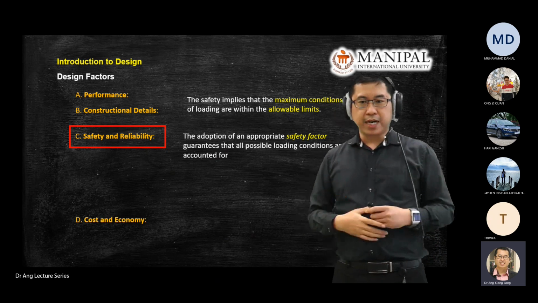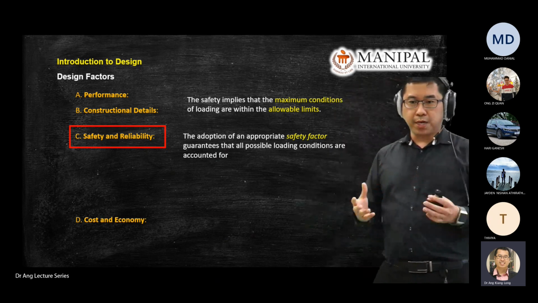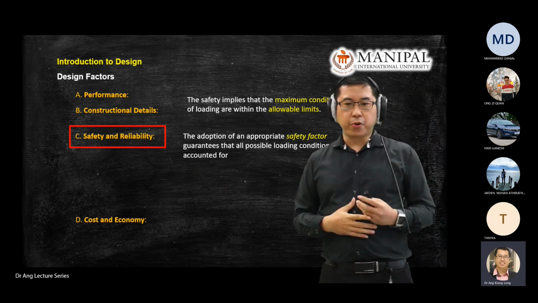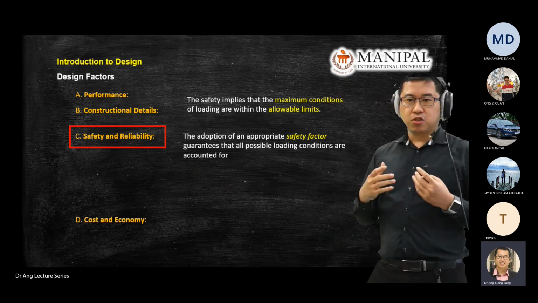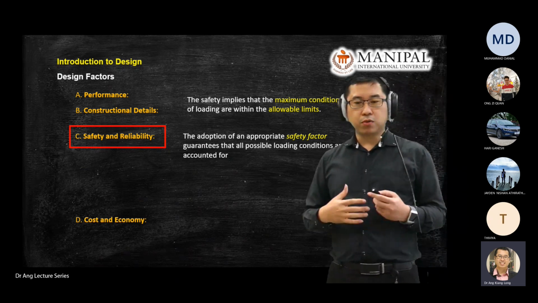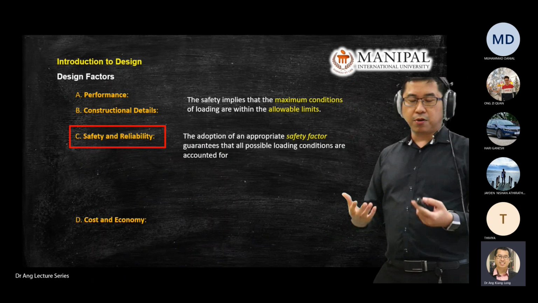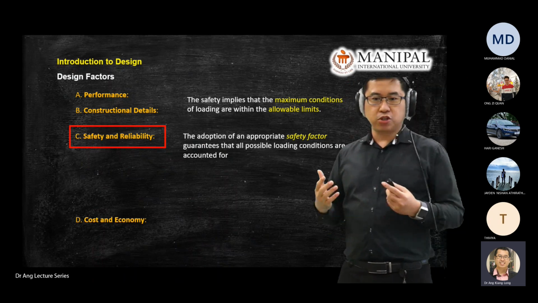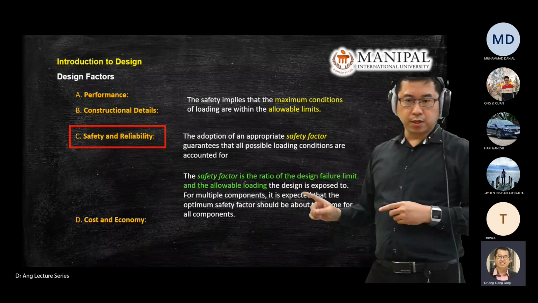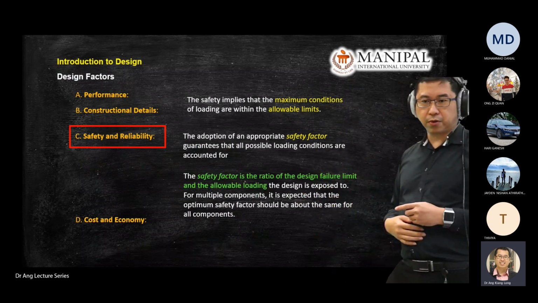In your report, I expect you to present the weak point of your design and the strongest point of your design. So how do you tell the safety factor of your product? You need to run simulation. You learned about this in one of your modules.